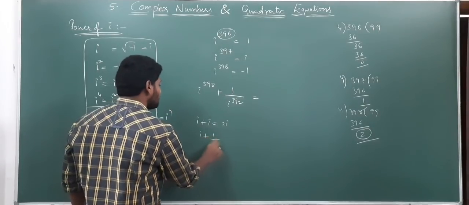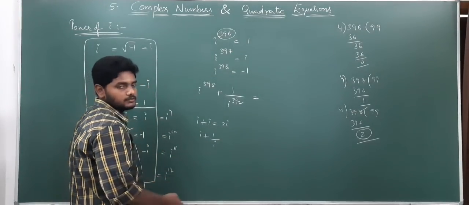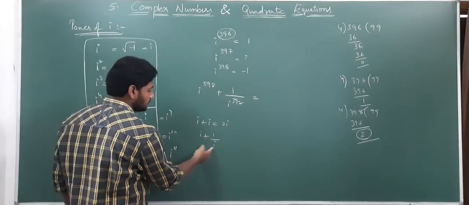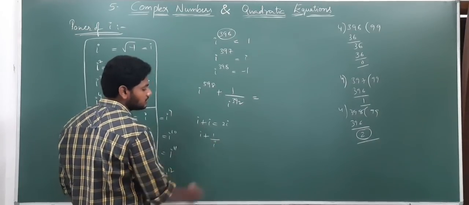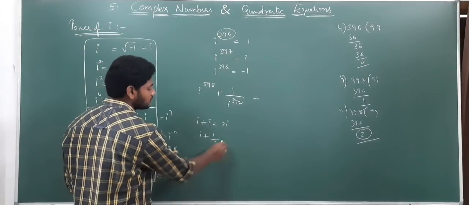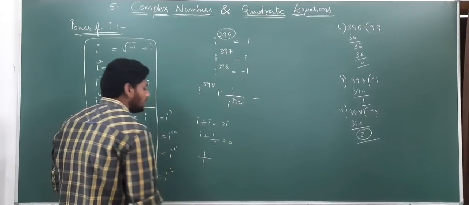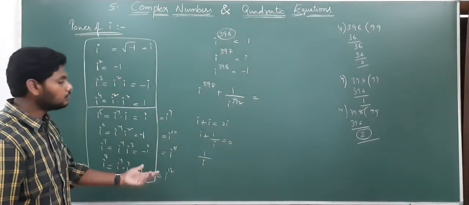If I plus 1 by I is there, then how to simplify that? You will do LCM, right? So I square plus 1. I square value is minus 1. Minus 1 plus 1, how much? 0. 0 by anything is 0.